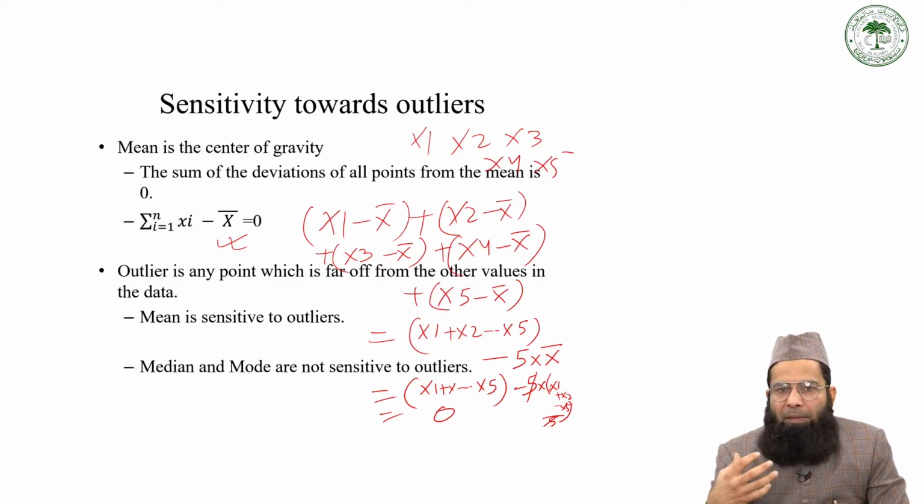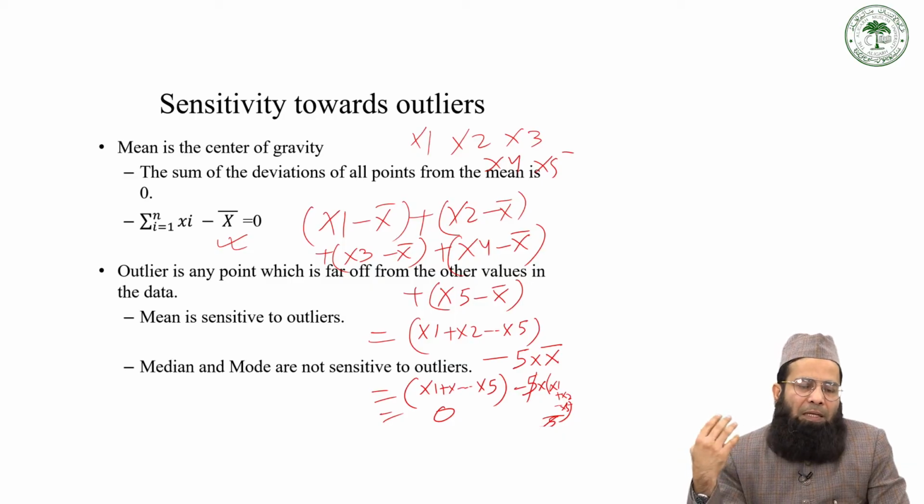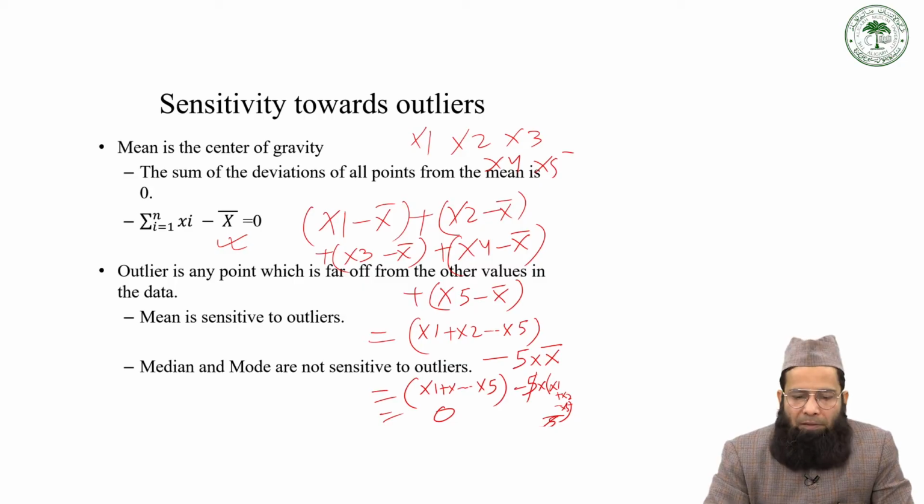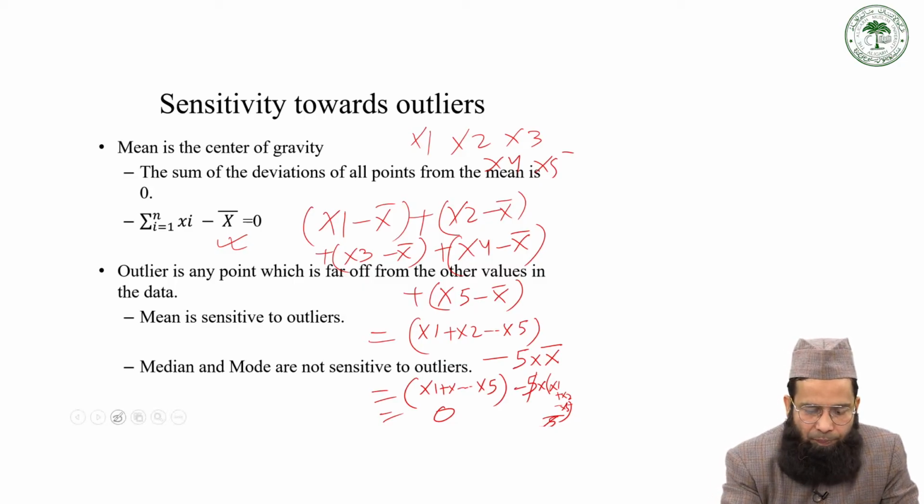Now, how sensitive are mean, median and mode towards outliers? An outlier is any point which is far off from the other values in the data, meaning it is either very low or very high. Mean is sensitive to outliers.